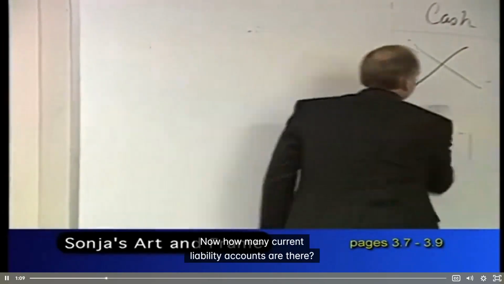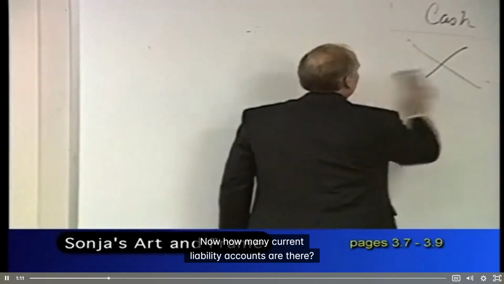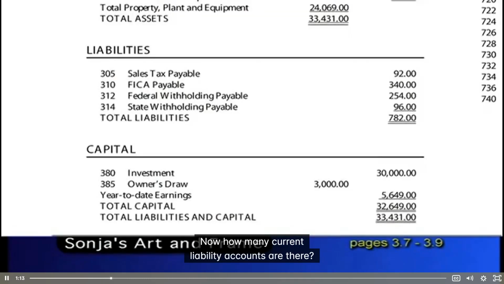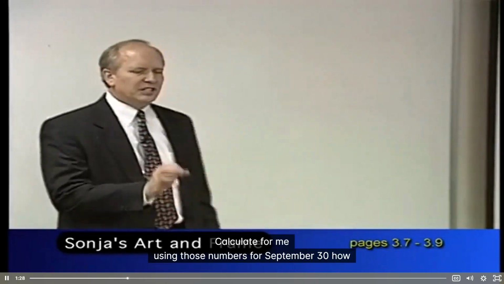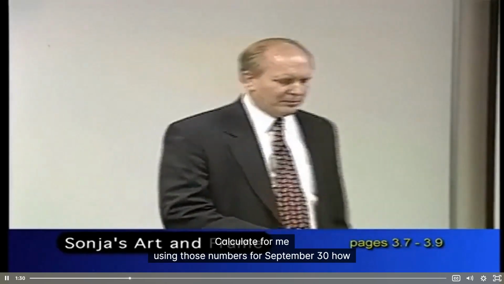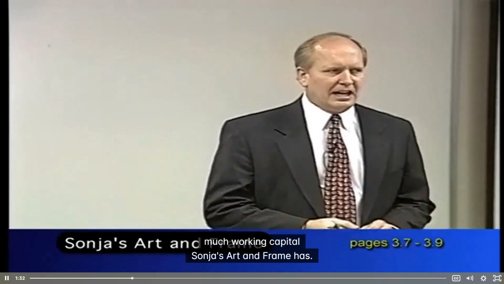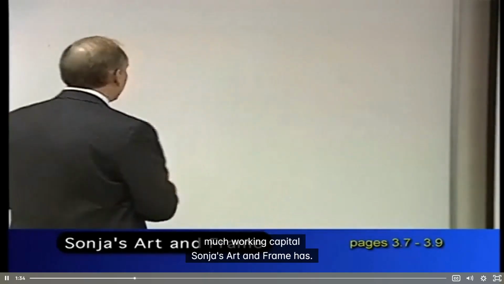Okay? Now, how many current liability accounts are there? There are 4 accounts, right? Beginning with sales tax payable and going down to state withholding payable. So those are our current liabilities. Calculate for me, using those numbers for September 30th, how much working capital Sonja's Art and Frame has.